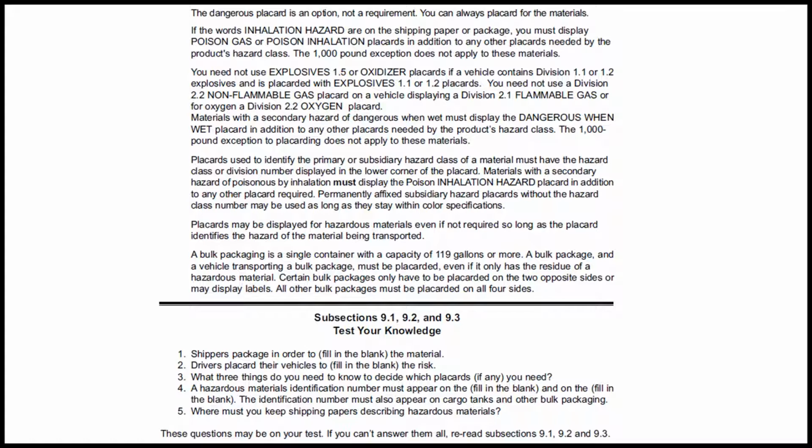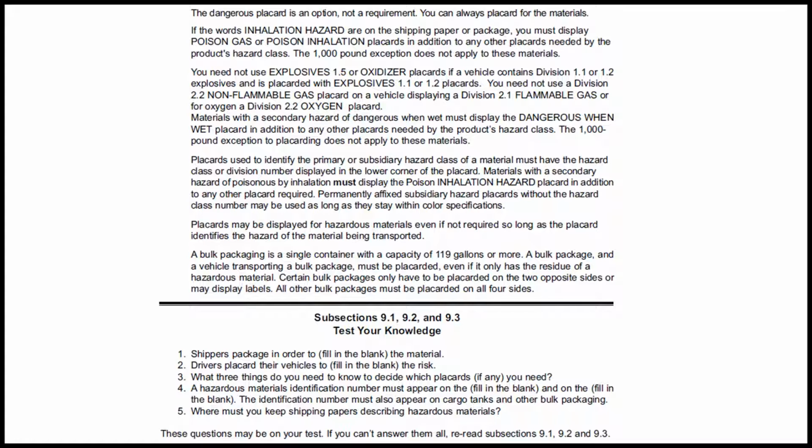Subsections 9.1, 9.2, and 9.3. Test your knowledge. 1. Shippers package in order to blank the material. Drivers placard their vehicles to blank the risks. What are 3 things you need to know to decide which placard, if any, you need?